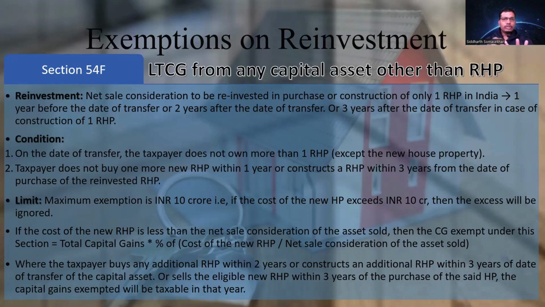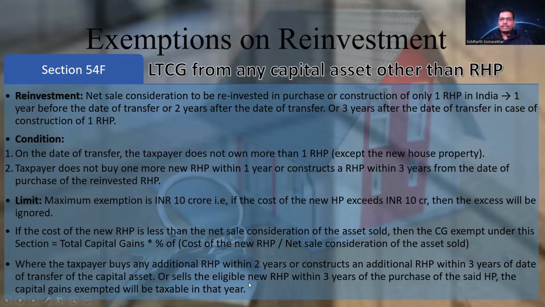So how much of those 40 lakhs will be exempted if you are only reinvesting 80 lakhs of the net sale consideration? It will be 40 lakhs into 80 divided by 1 crore. That is 80 by 100, that is 80%. So the exemption on the gain would be 80% of the 40 lakhs.